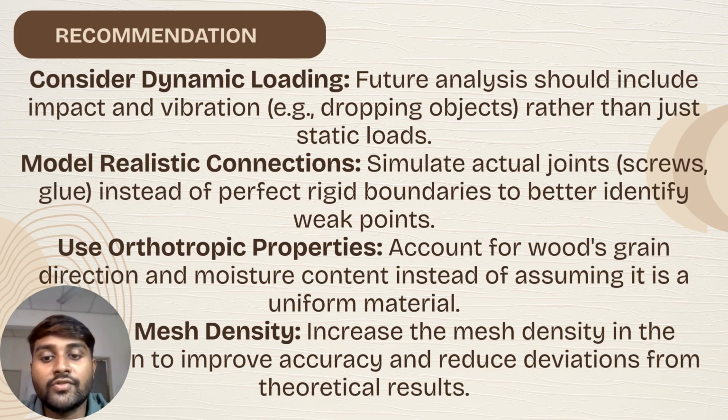Next is to use orthotropic properties, accounting for wood grain direction and moisture content instead of assuming a uniform material. Last but not least, refine the mesh density. Increase the mesh density in the simulation to improve accuracy and reduce deviation from the theoretical result.